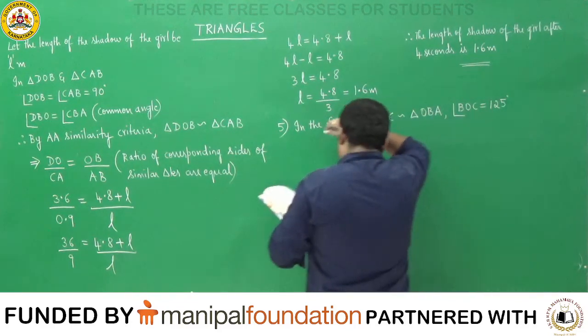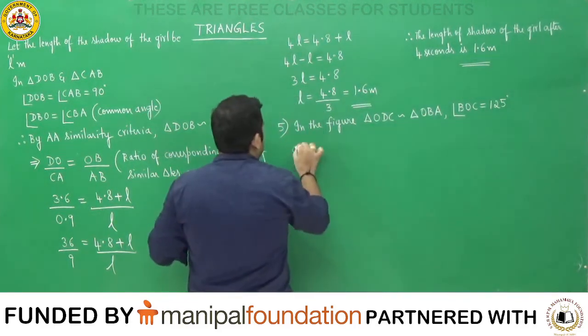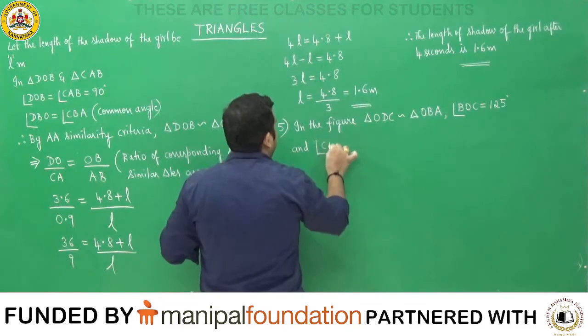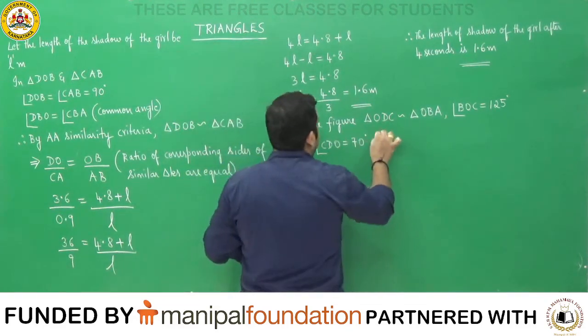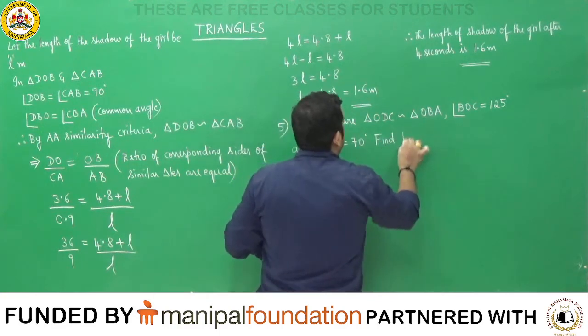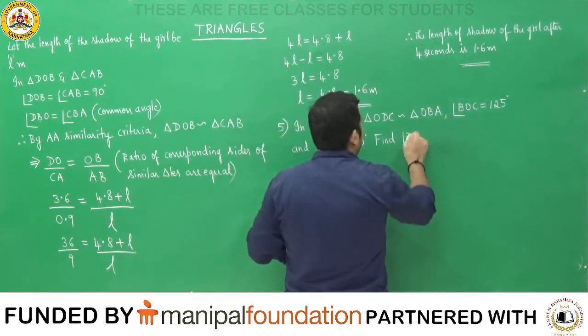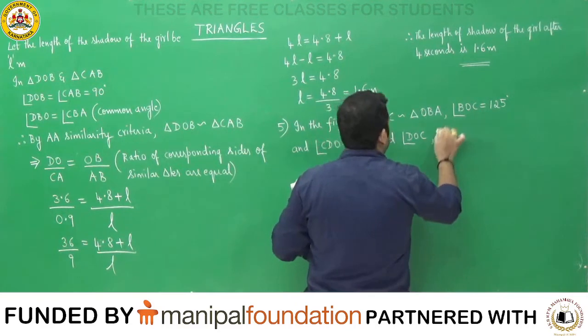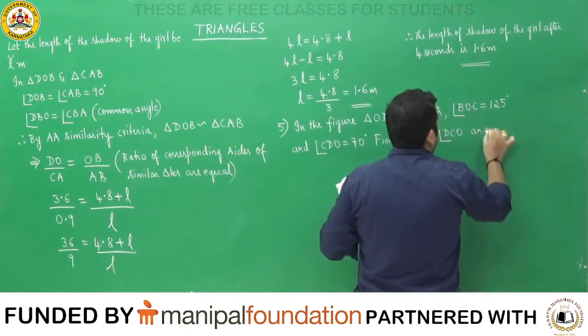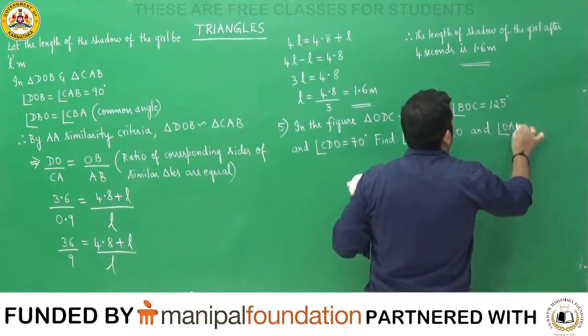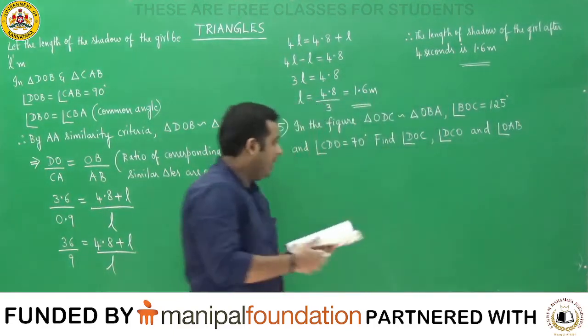Is it okay? And angle CDO is equal to 70 degree. Find angle DOC, angle DCO, and angle OAB. Is it okay? Angle OAB.